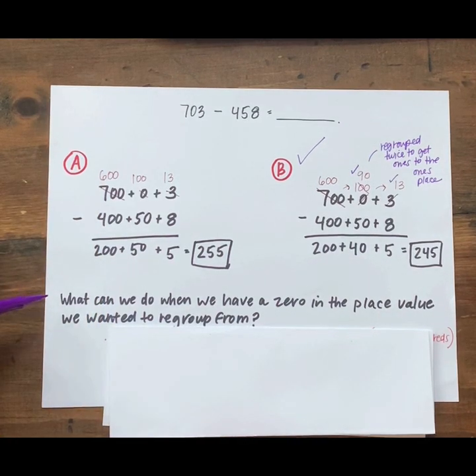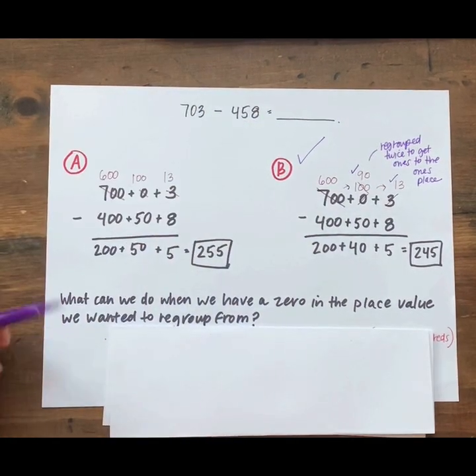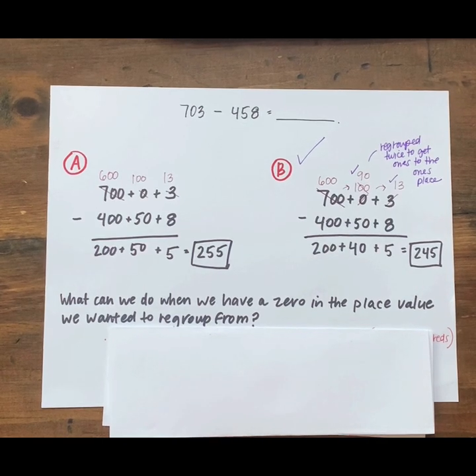What can we do when we have a 0 in the place value that we wanted to regroup from? Say it out loud. That's right.